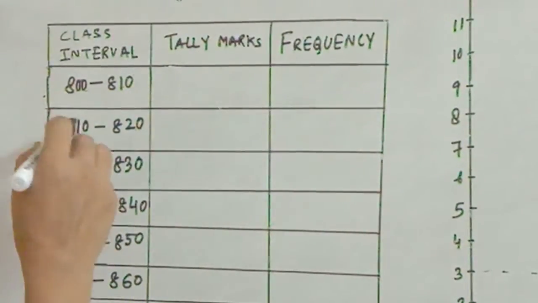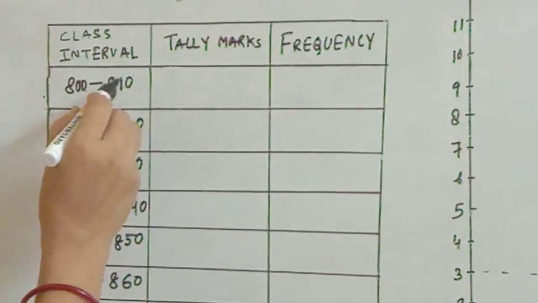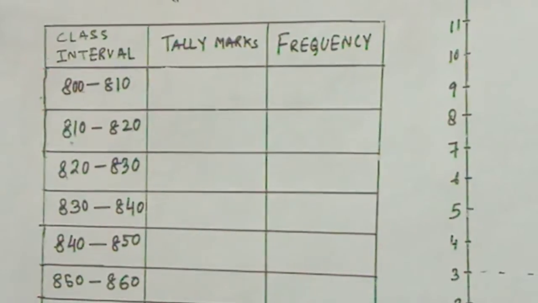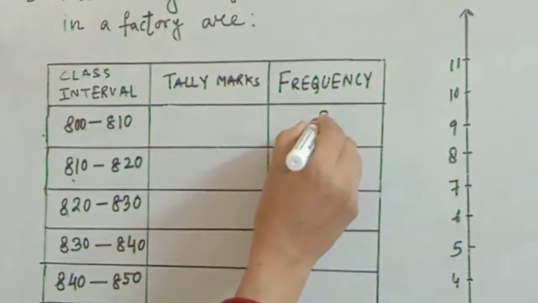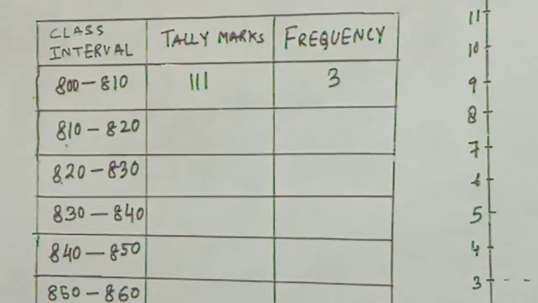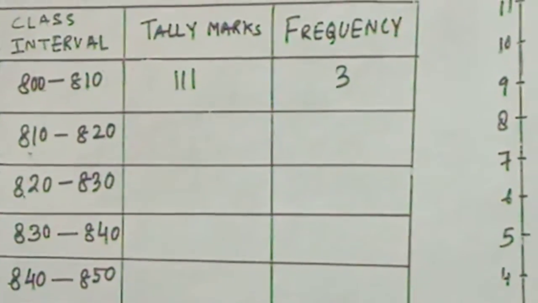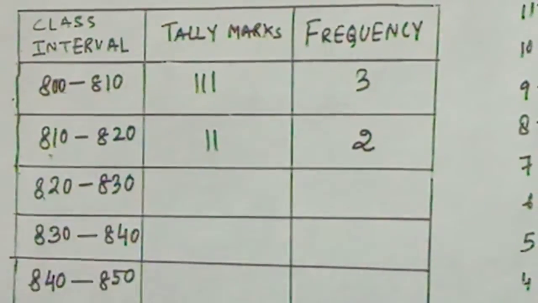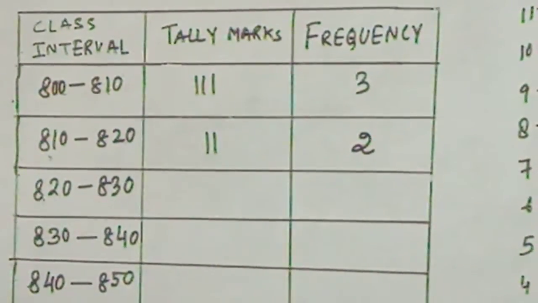For 800 to 810, that means we count 800 to 809. The frequency we have seen is 3, so the tally marks will be 1, 2, 3. From 810 to 820, we have counted 2, so the tally marks will be 2. Count it from your book.